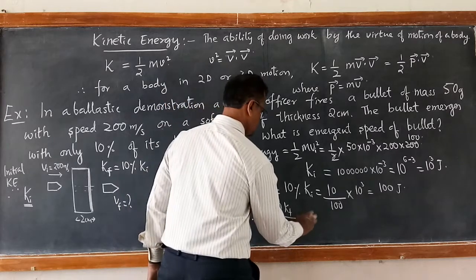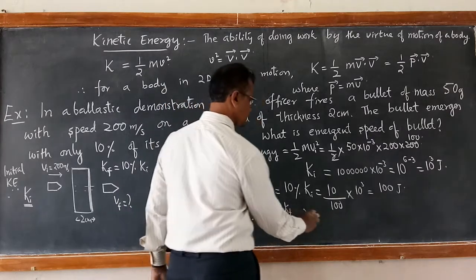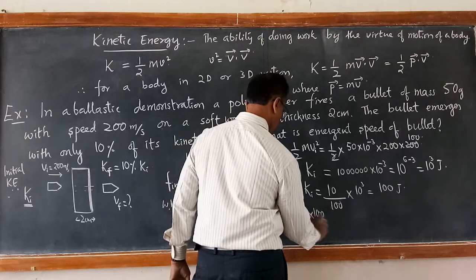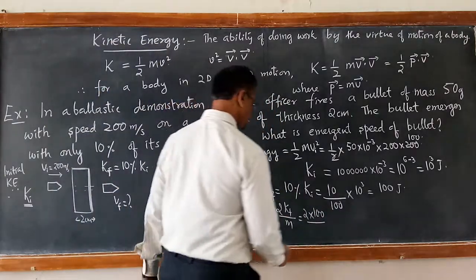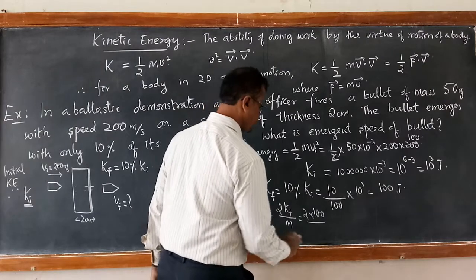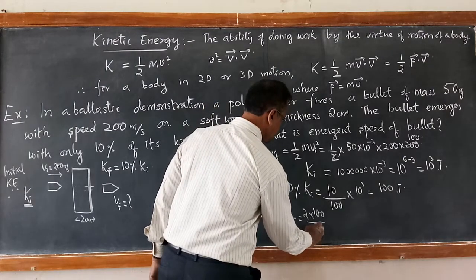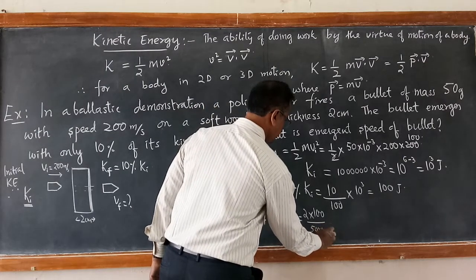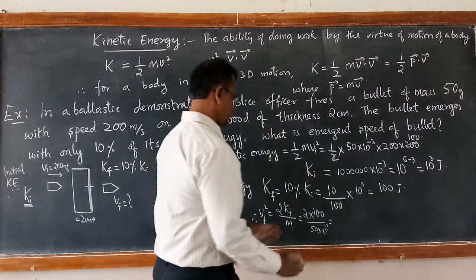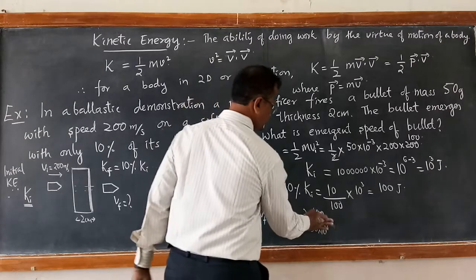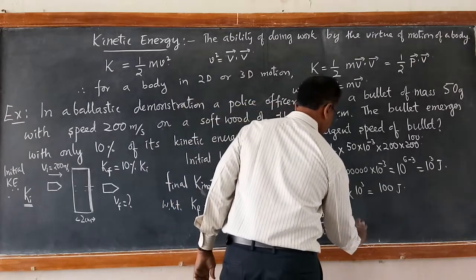So 2 into Kf, 100, divided by mass. Mass is 50 gram, 50 into 10 to the power minus 3. So that becomes Vf square, and we have to take the square root of this.